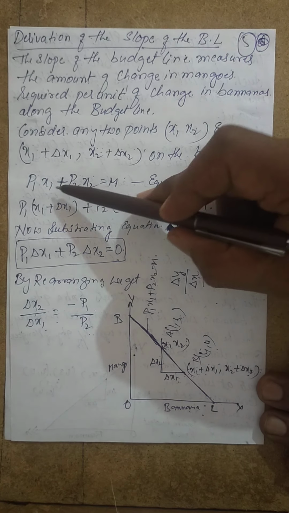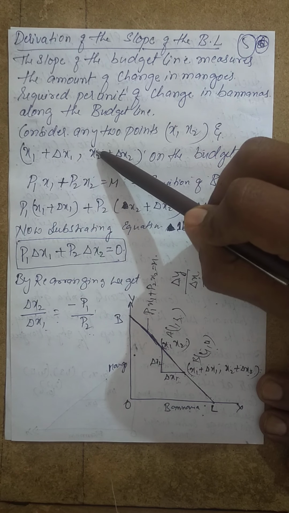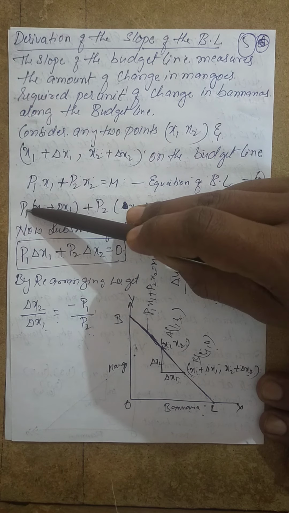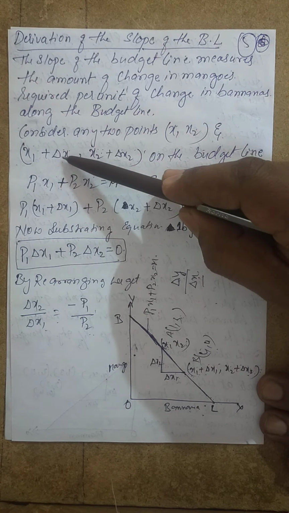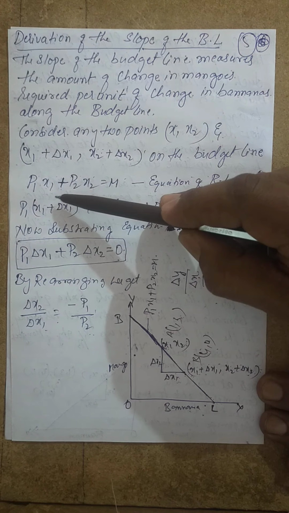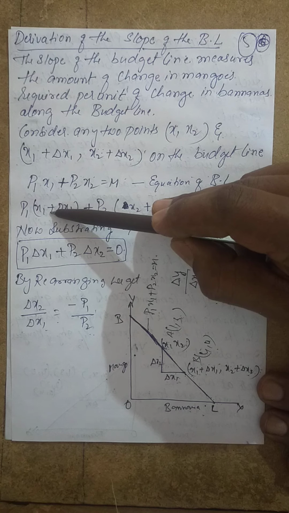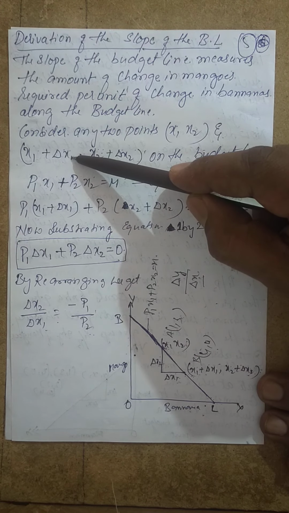now with respect to this equation, you are going to change this particular budget line equation. How? See, P1 is the price of first good, x1 good, there is a change, okay. In the place of x1, you can also consider x1 plus delta x1. Why?